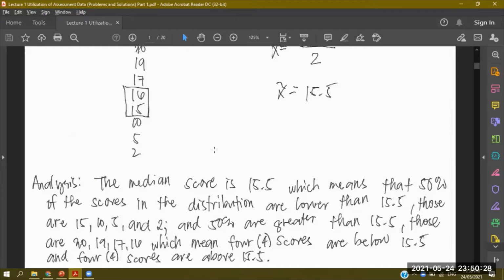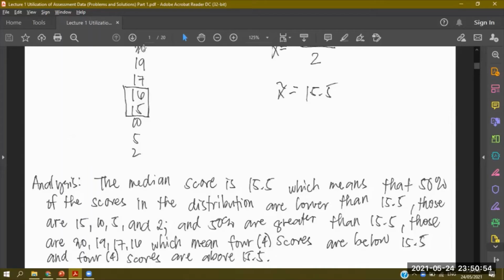That is why the scores below 15.5 are 15, 10, 5, and 2. And that is correct. And of course, 50% are greater than 15.5. Which numbers are greater than 15.5? Those are 16, 17, 19, and 30.